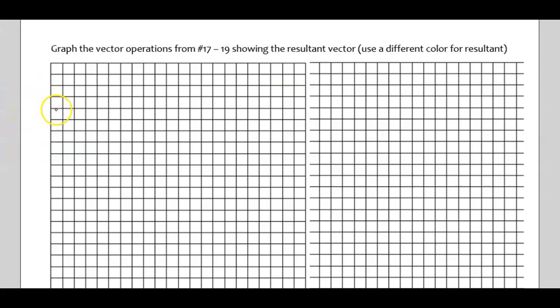Alright, right here it says use different colors to show the resultant of 17 through 19. 17 was 2u plus w, and if you look back at it, we ended up with negative 19, 1. I'll start 17 down here.